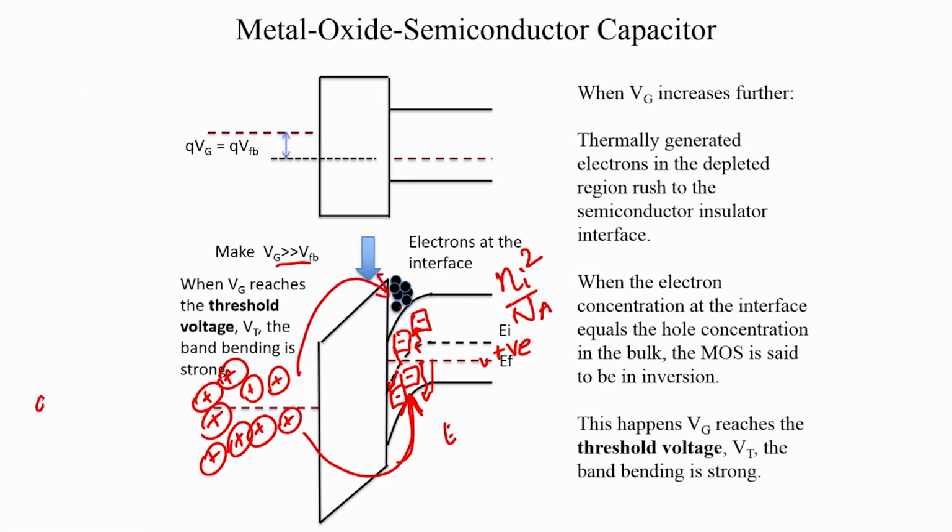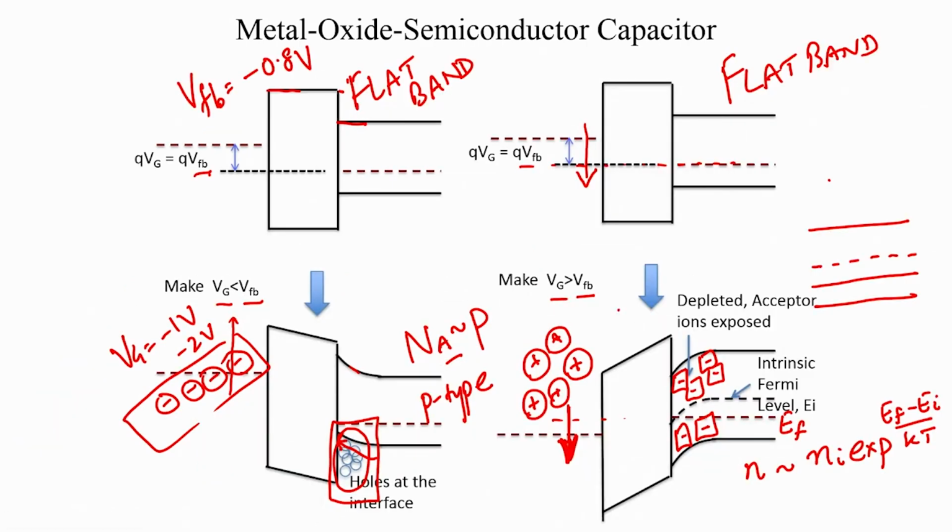So, both QNA minus and Qn start compensating for the positive charge on the gate. Whereas in the previous case, when Vg was just slightly greater than Vfp and Ei was not yet bent so much, it was only the acceptor ions that were compensating for the gate charge.